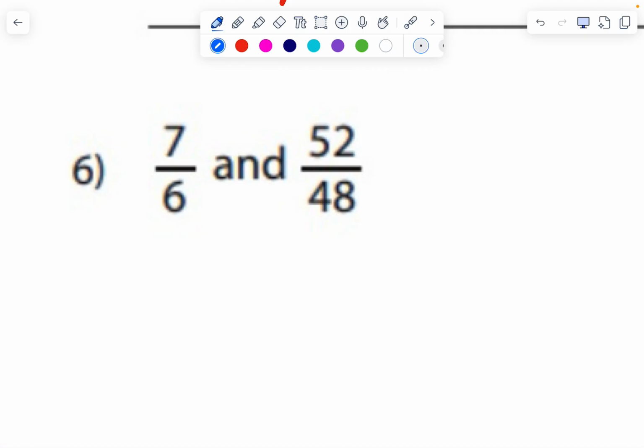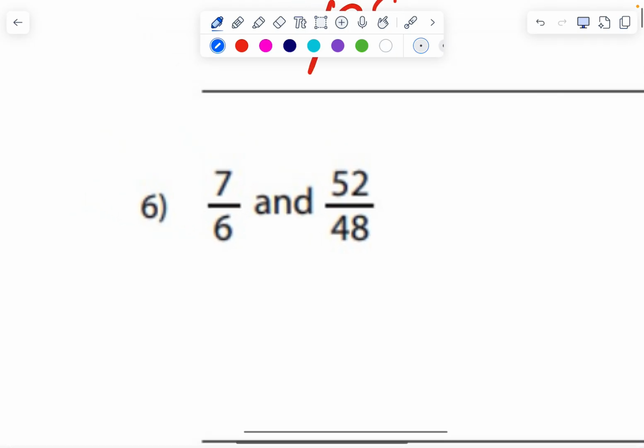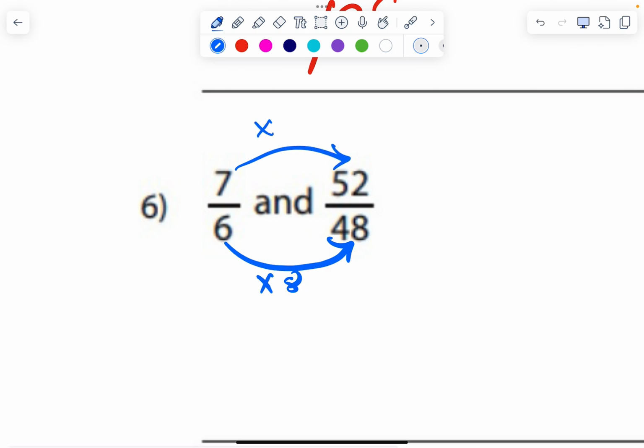Okay, yes or no? I'm seeing a no and a yes so far. Okay, well, here's a couple of ways. This is times 8. Is this times 8? Because if it was, it would be what on the numerator? It would be 56.